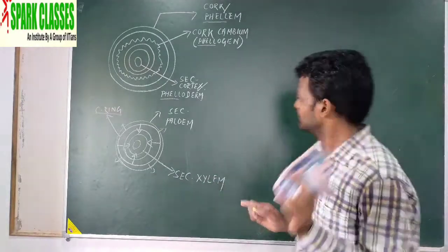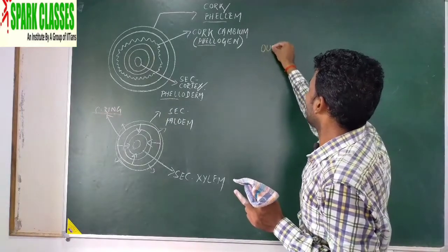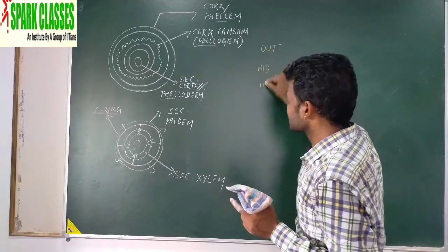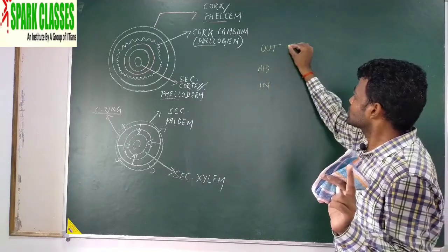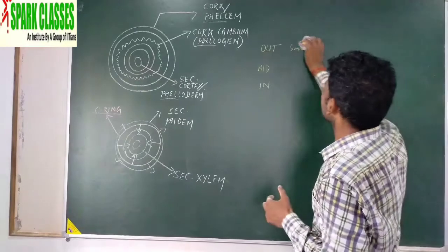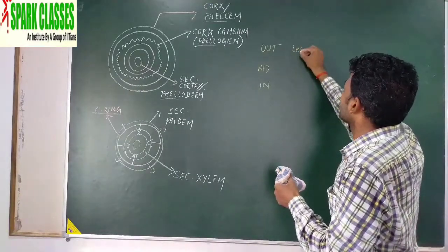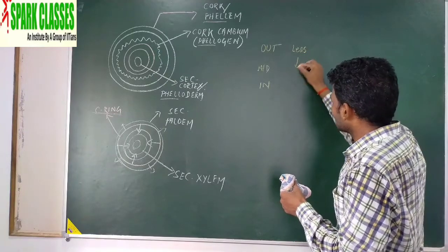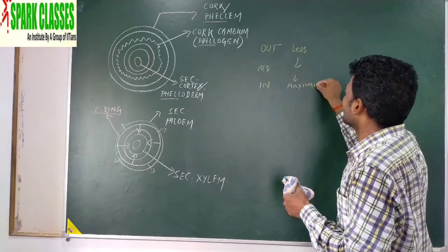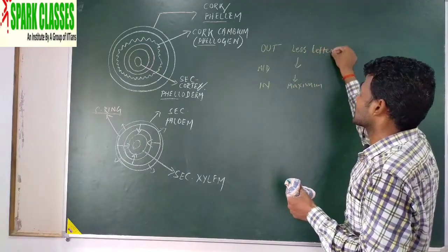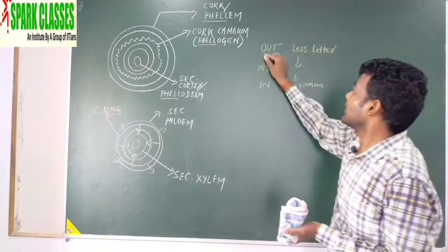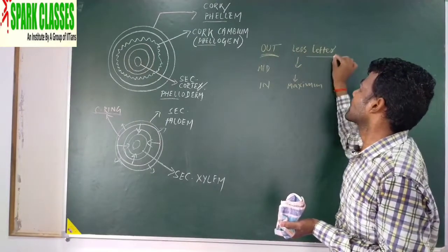So remember one thing: from outer to inner, from outside to inside, there is the middle, then inside. Always the outside has less number of letters, then more in the middle, then maximum letters inside. This formula will be used.